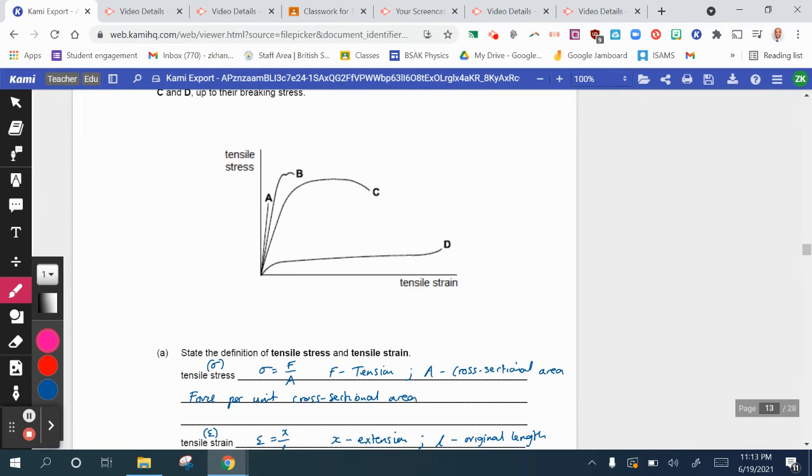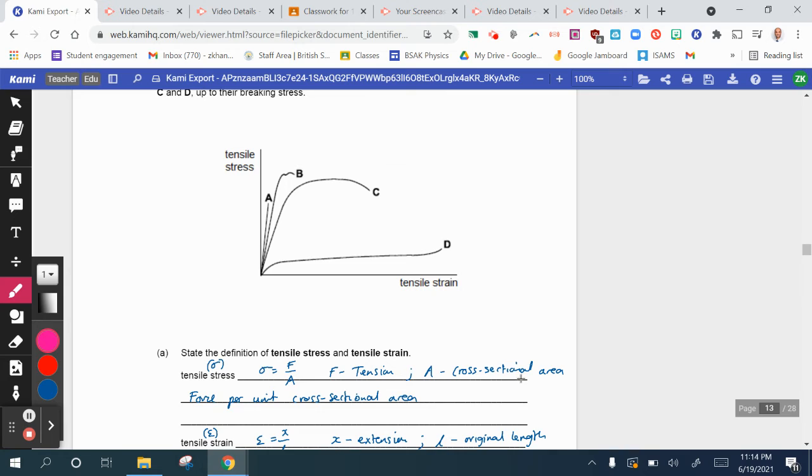Let's see which one will be suitable for the lift. So a lift has passengers inside it. It also has the weight of the lift that the cable has to support. So in terms of weight, it's a large amount of weight compared to just a bungee rope. If it has a large amount of weight, which is a force, therefore the cable will have to have a large amount of stress before that cable can break.